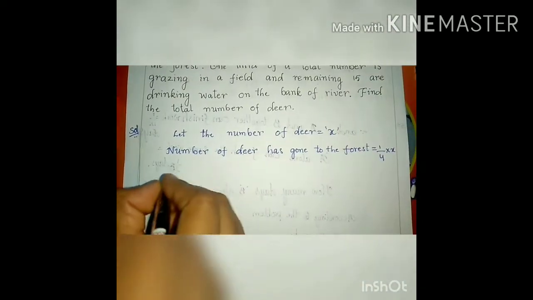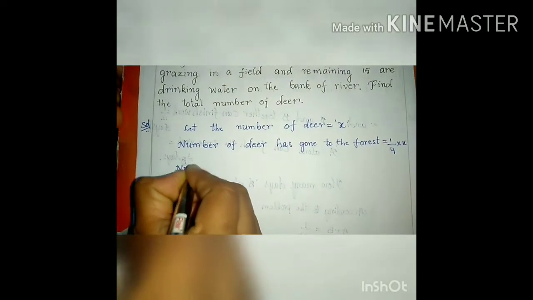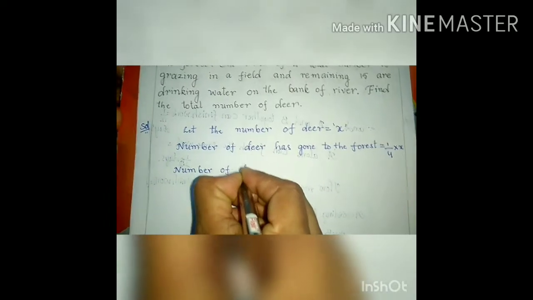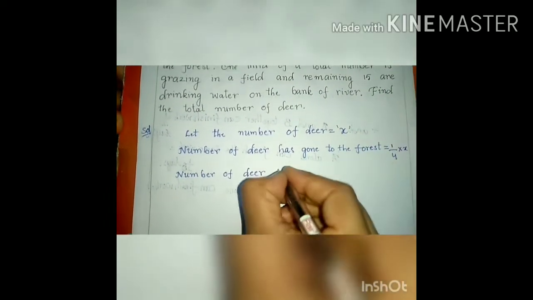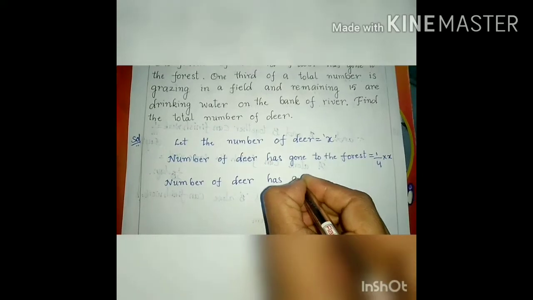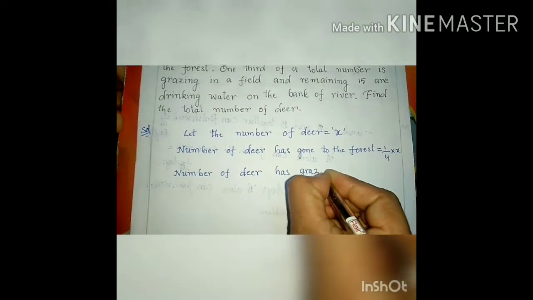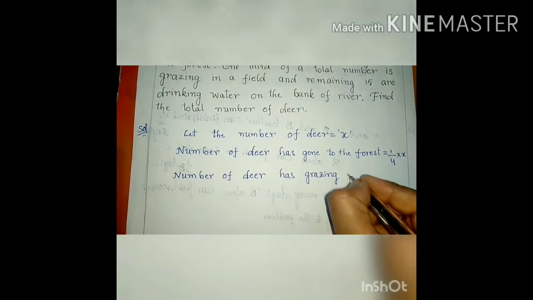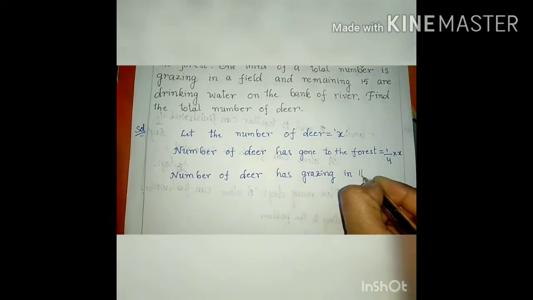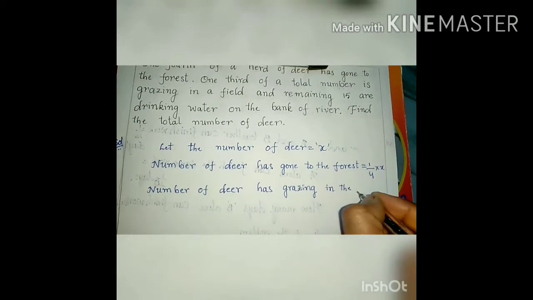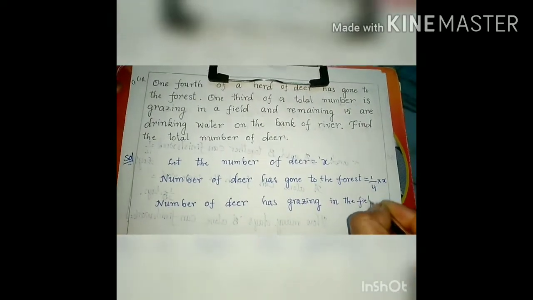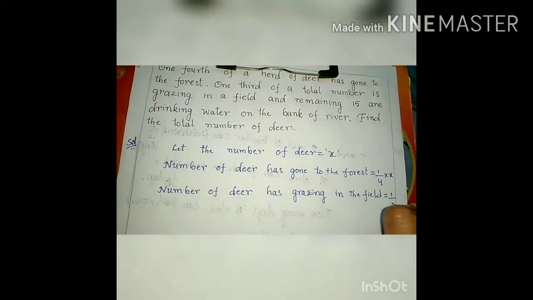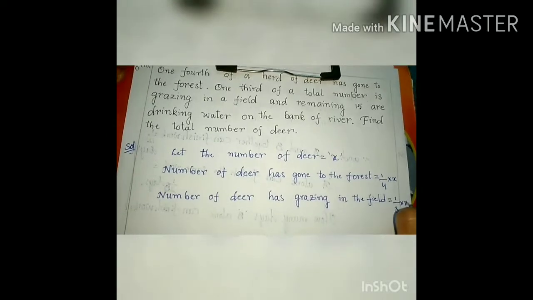Next. The number of deer grazing in the field equal to 1 by 3 into x.